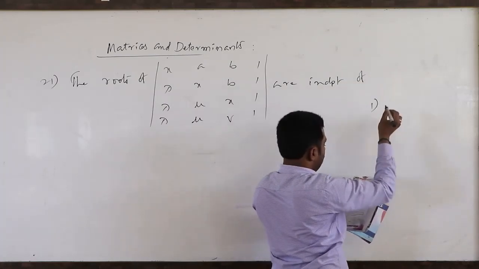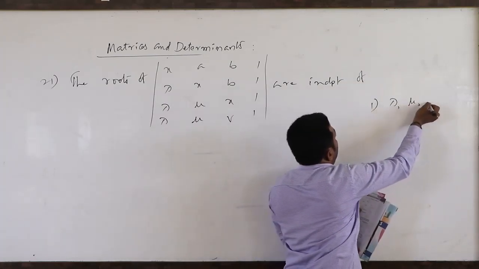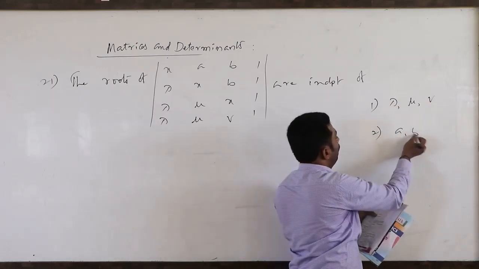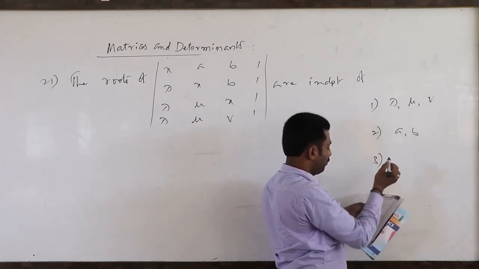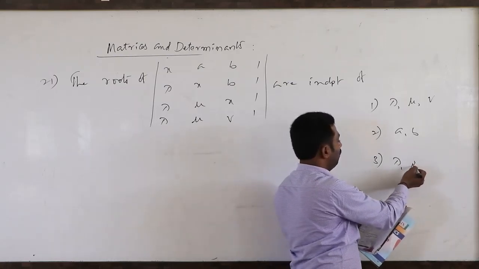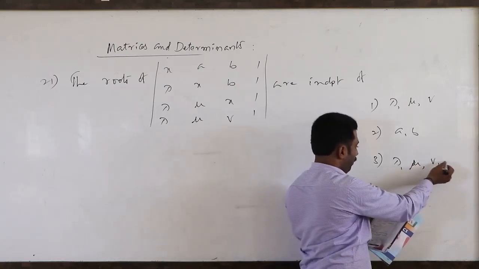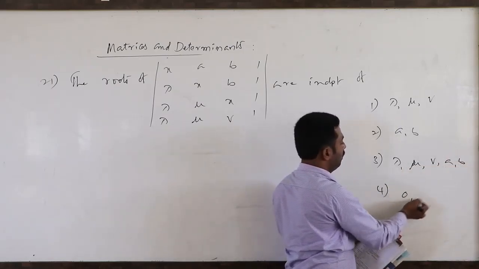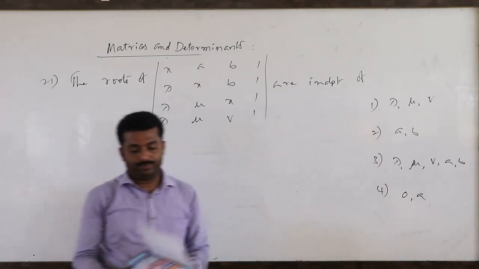First option lambda, mu, v; second option a, b; third option lambda, mu, v, a, b; fourth option 0, a.